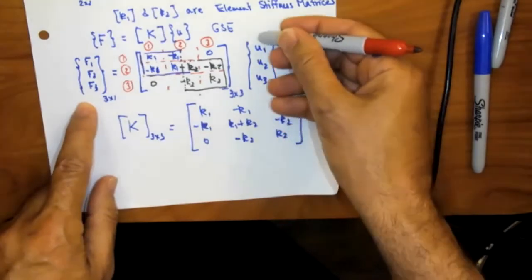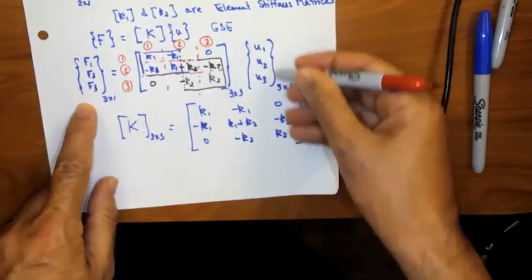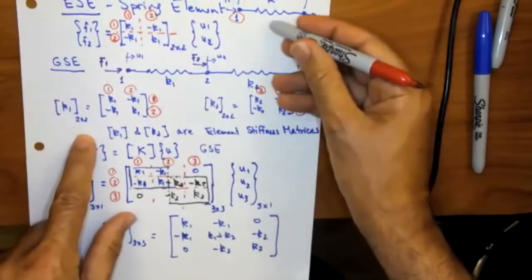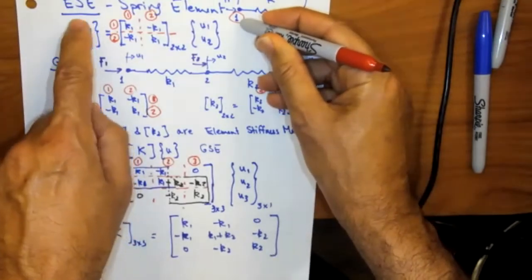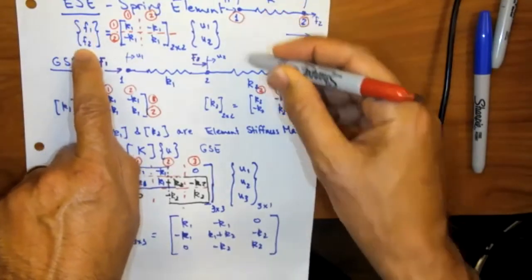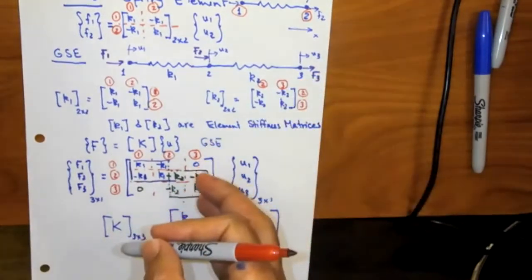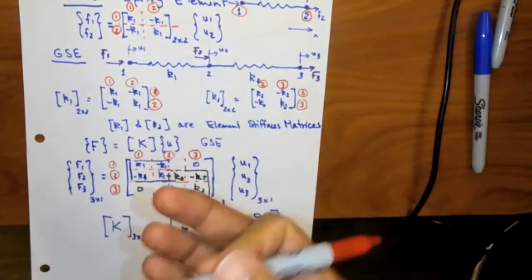I can use all the known displacements now and go back to my element stiffness equations to solve for element forces. Today, I would like to work out an example to demonstrate how to apply the finite element method.